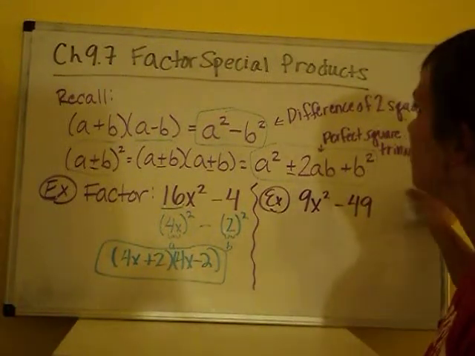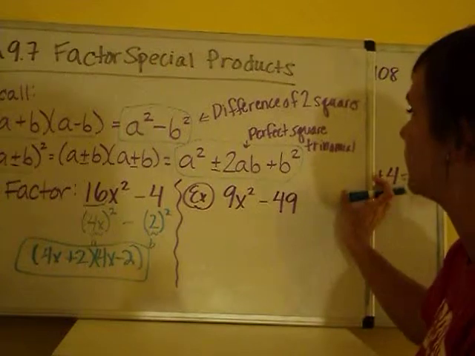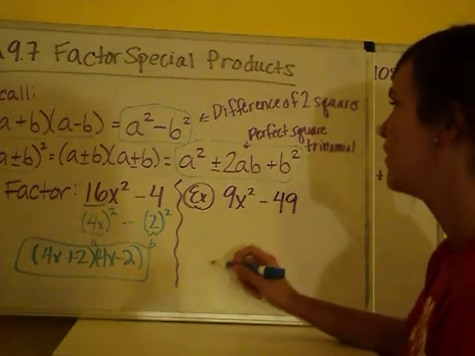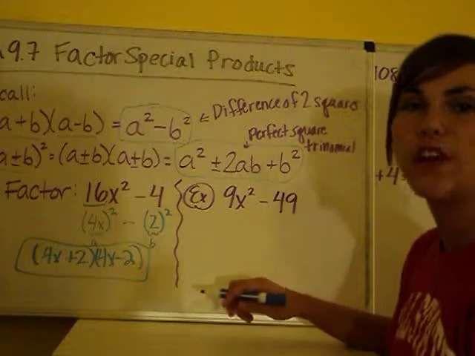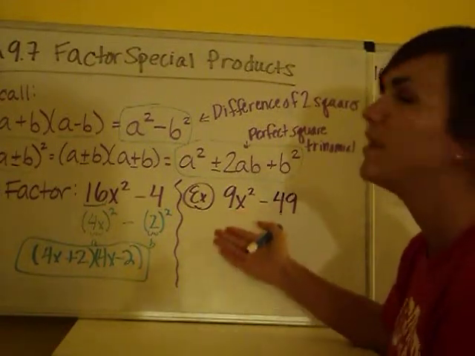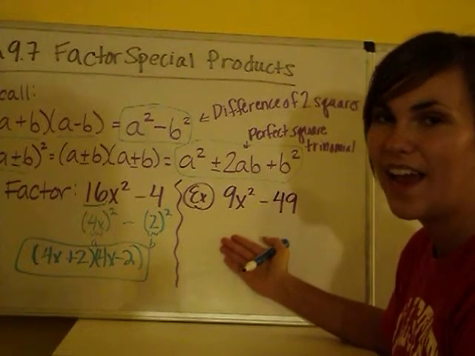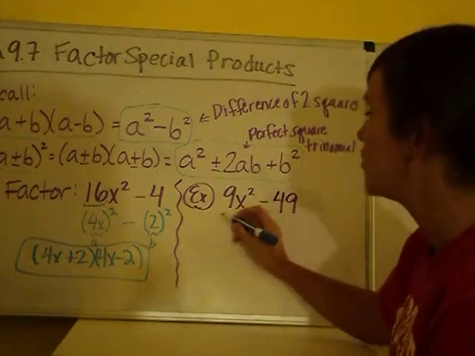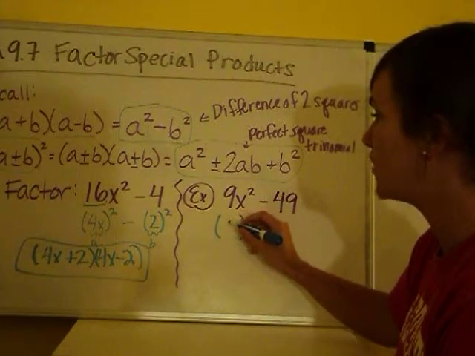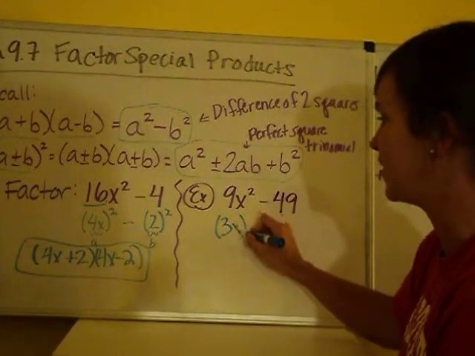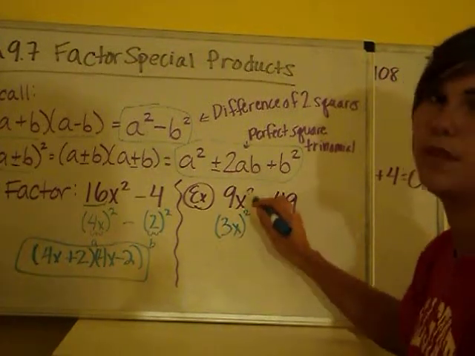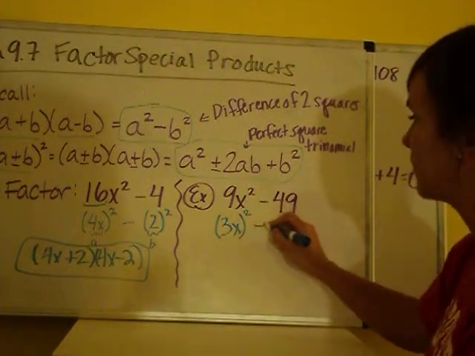Okay? Over here, we have 9x squared minus 49. Okay, again, begin to train your eyes. Start noticing perfect squares in numbers. So 9 we know is a perfect square, and x squared is a perfect square. So what is being squared to get 9x squared? Well, we square 3 to get 9, and we square an x to get x squared. So I have 3x being squared to get this value.